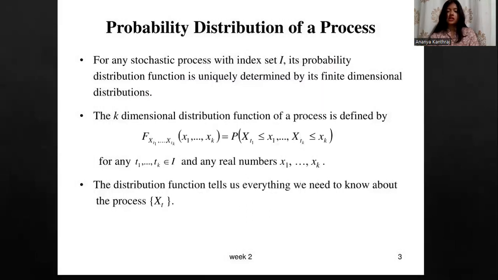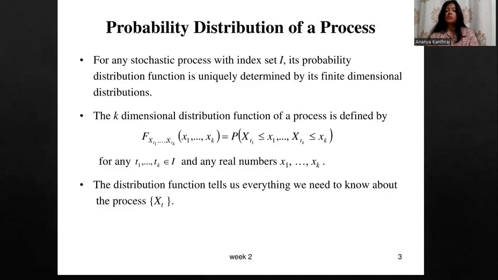So what is basically a probability distribution of a process? For any stochastic process with index set I, its probability distribution function is uniquely determined by its finite dimensional distributions. The k-dimensional distribution function of a process is defined by F(x_t1, ..., x_tk), where the values of x include x1 to xk.